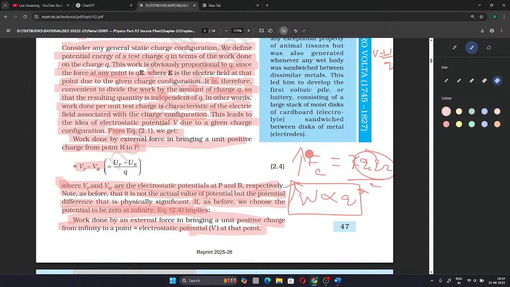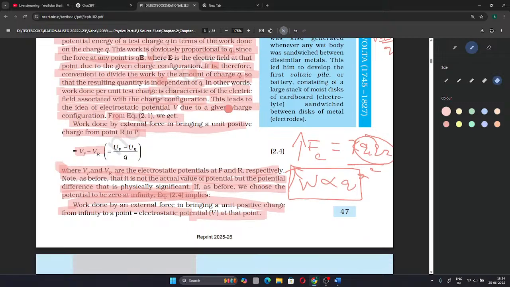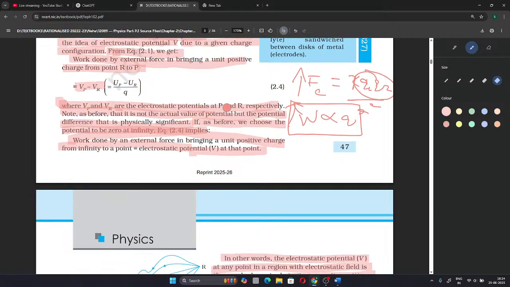Work done by an external force in bringing a unit positive charge from point R to P equals the change in potential, which equals the change in potential energy by Q, where Vp and Vr are the electrostatic potentials at P and R respectively.